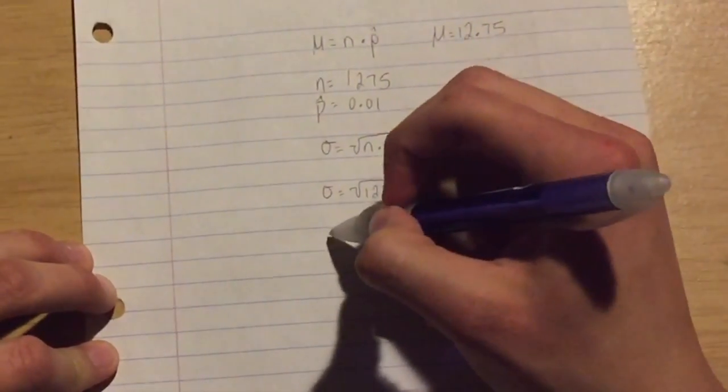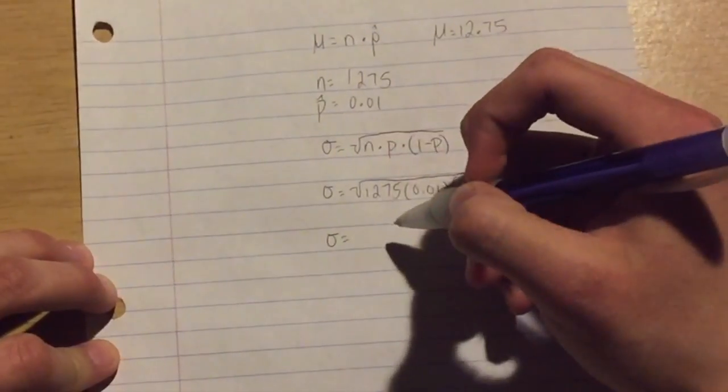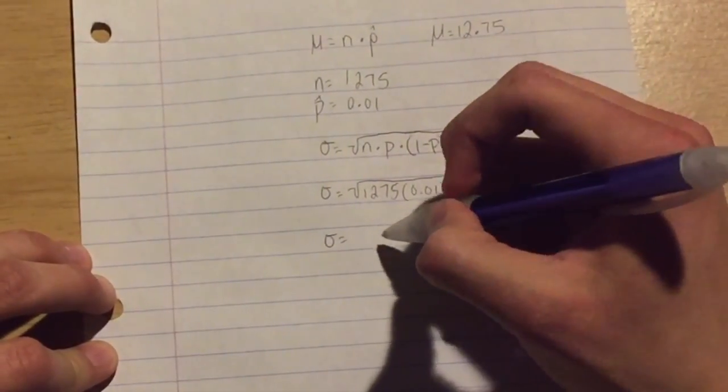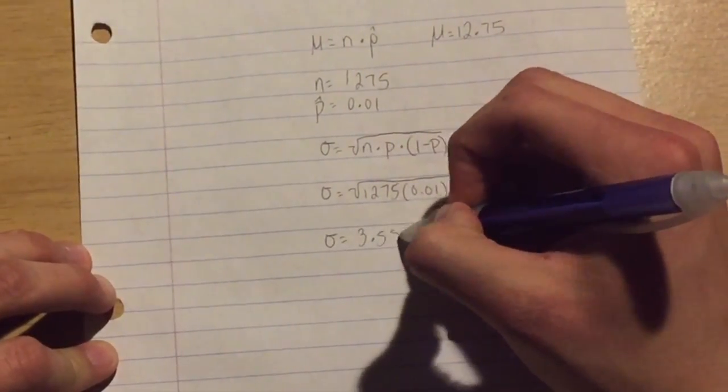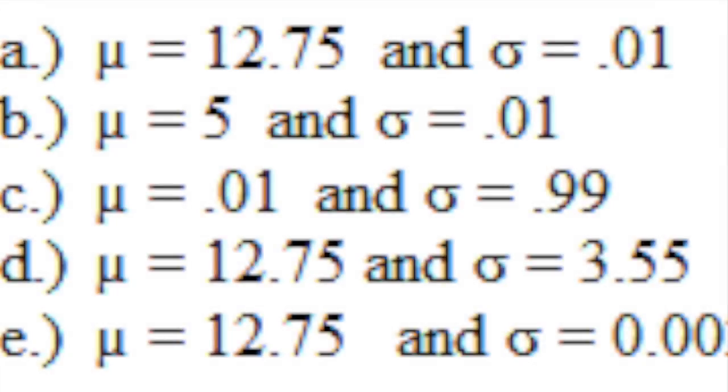Then our mean would equal 12.75, and our standard deviation would be 3.55. And if we look back at number 18, the answer would be letter D.